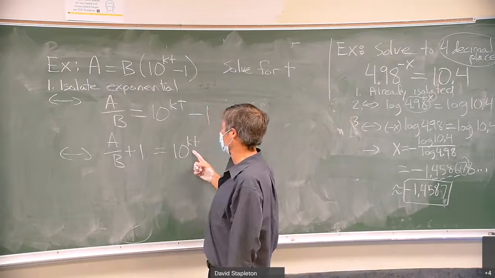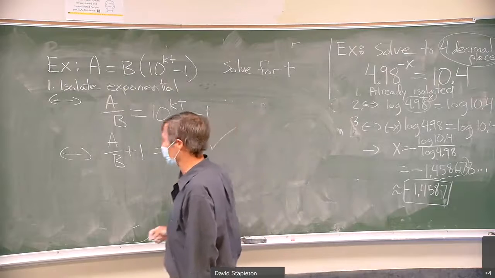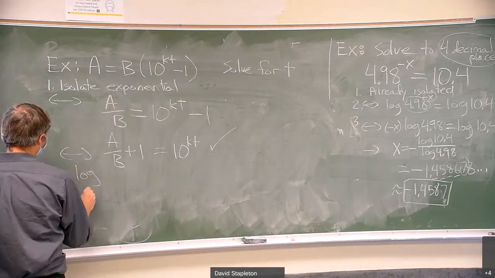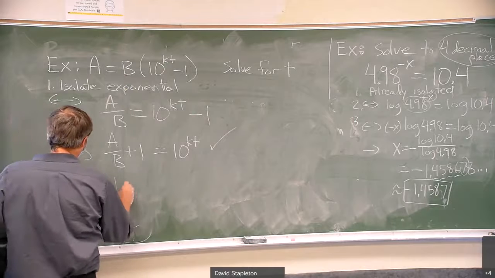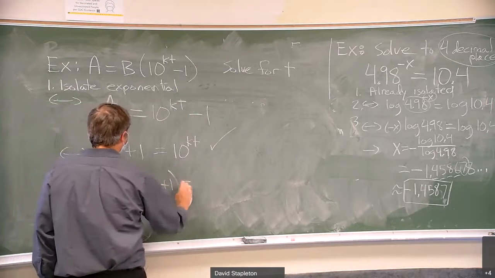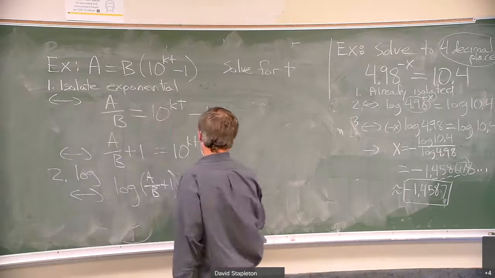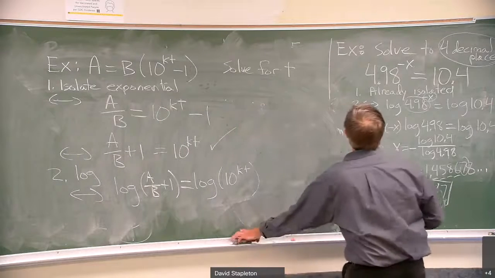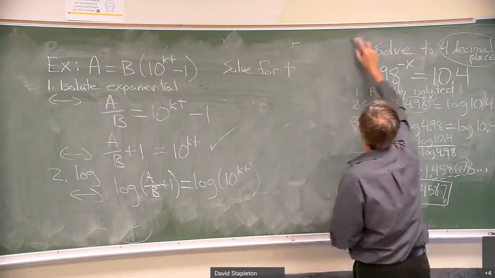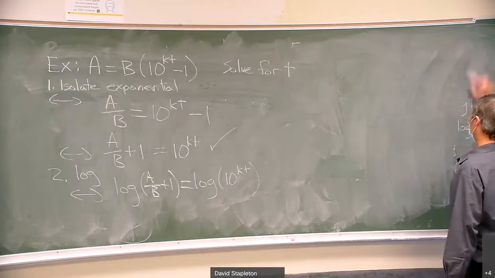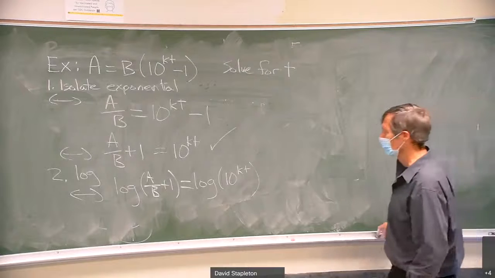Now I've got the exponential isolated, right? So what do I do? Take the logarithm of both sides. Log of the left equals log of the right. Property 3, I don't usually even say this step, is to bring the exponent down. The idea is once you do that, you recognize what to do.